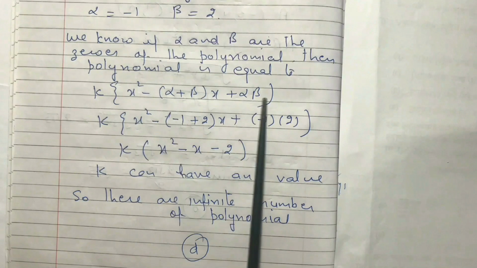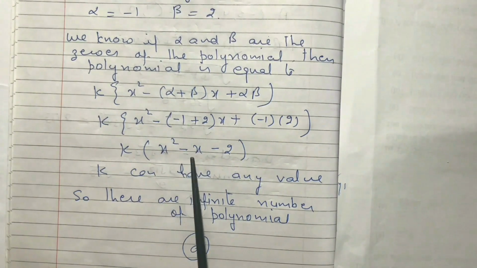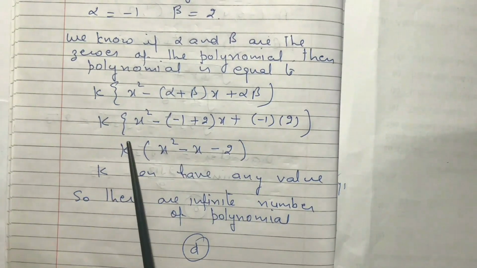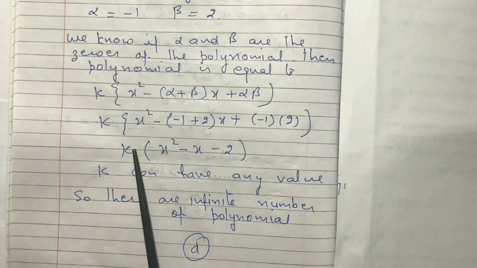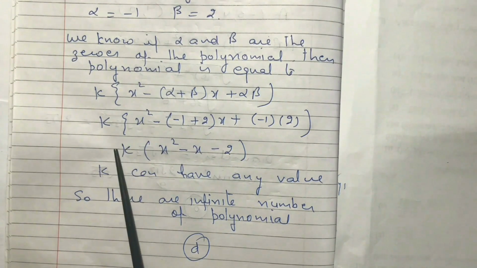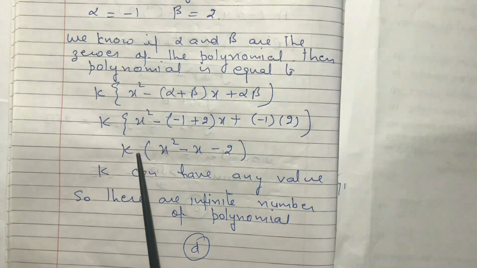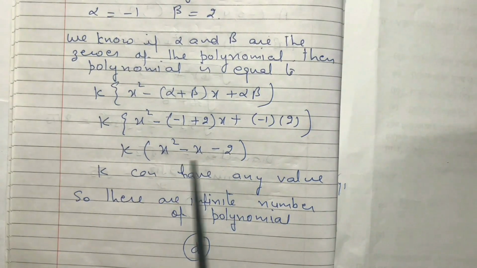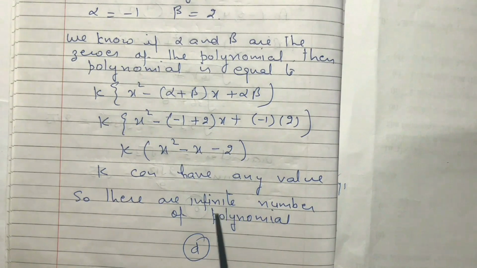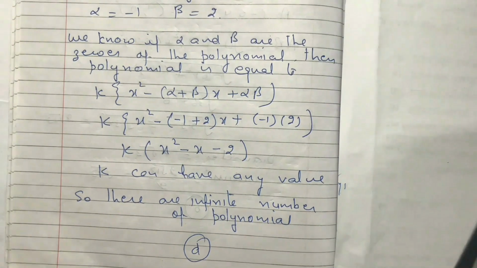Now substitute the values. You will have k times (x square minus x minus 2). K can take any value. It can be 1, it can be 2, it can be 3, it can take any value. So there are infinite number of polynomials. So D is the option.